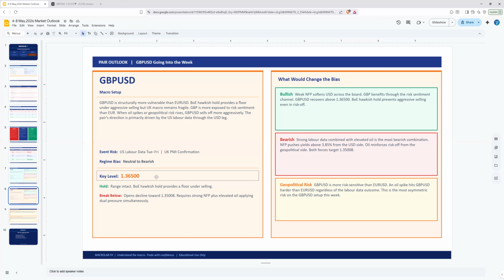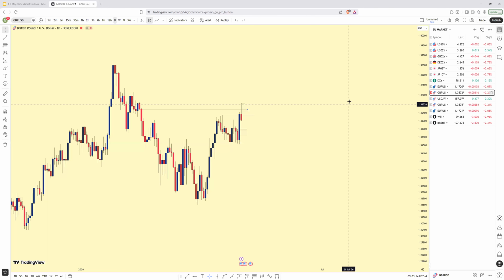All right. So some of the data we've seen so far also supports pound USD to be slightly bearish this week. So this is our key level 1.3650, and if we come back to the chart, 1.3650 is our key level where we expect the market to stay on.